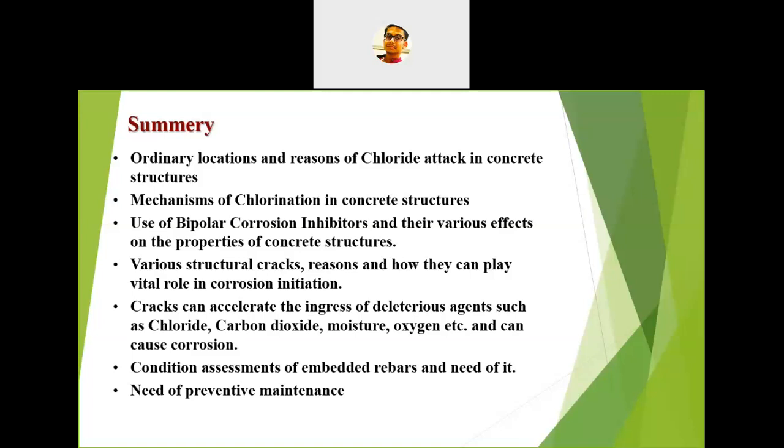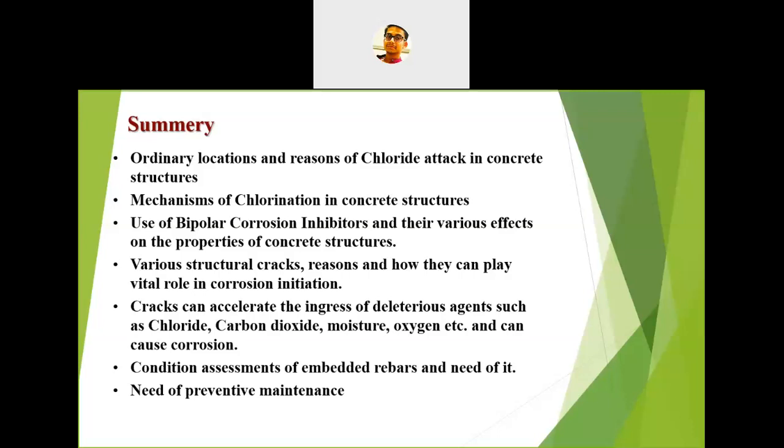After that we saw cracks in structural systems and why they happen, some case studies, what happens when structural cracks appear, and how they play a vital role in corrosion initiation.